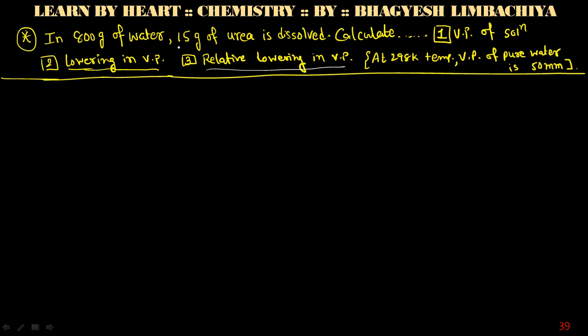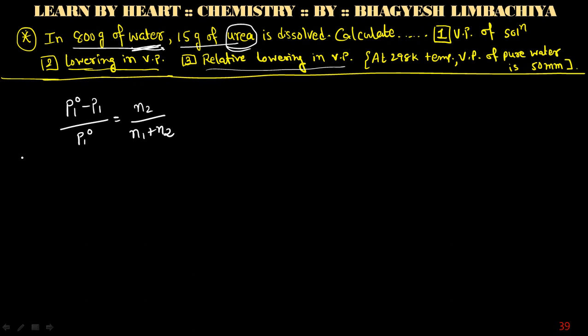Yes students, so first of all 800 gram of water is given and 15 gram of urea is given. Urea is a non-volatile solute, water is a volatile liquid, so this formula will be applied: P10 minus P1 upon P10 equals N2 by N1 plus N2.